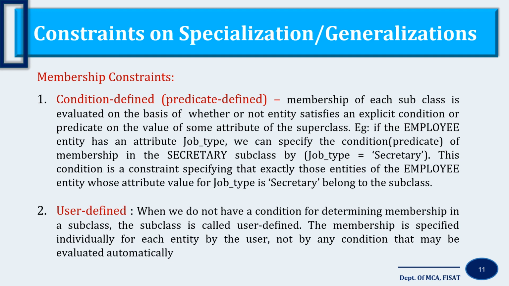That's why it is called user defined membership constraint. So this membership constraint determines which entities can be the members of the lower entity. Either it can be defined by the user, or it can be evaluated automatically based on a particular condition. That's about the membership constraints.